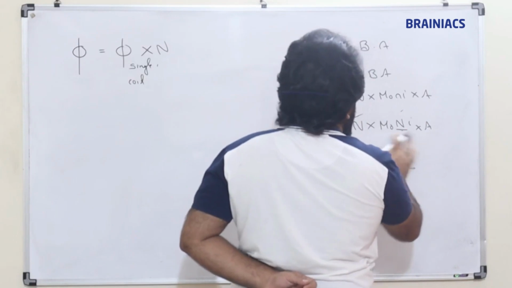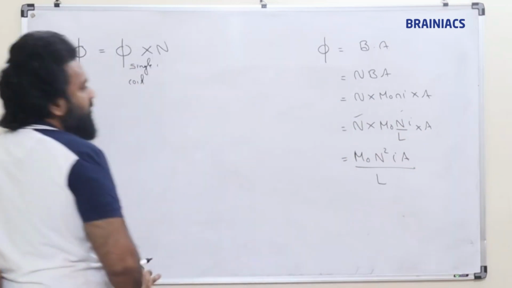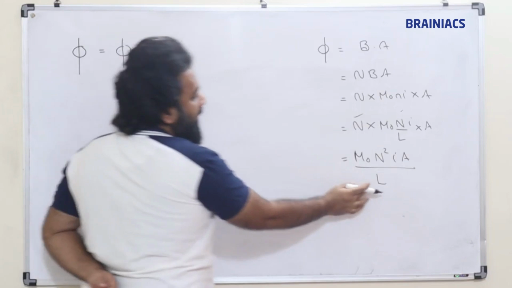So phi is equal to mu 0 N square i A divided by the length.